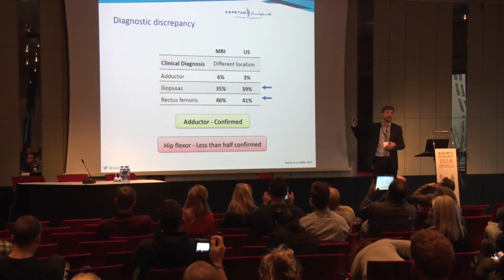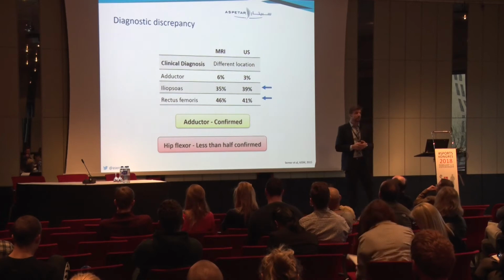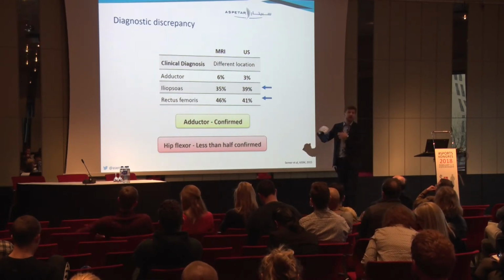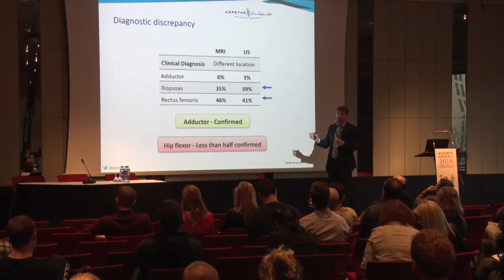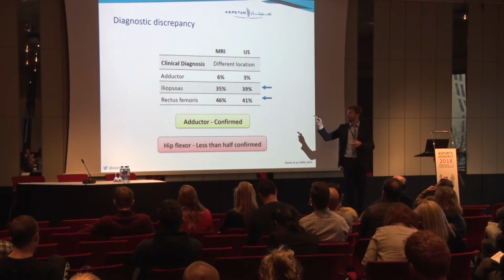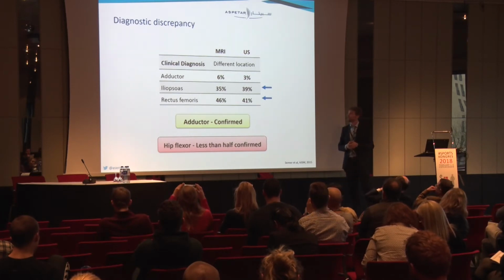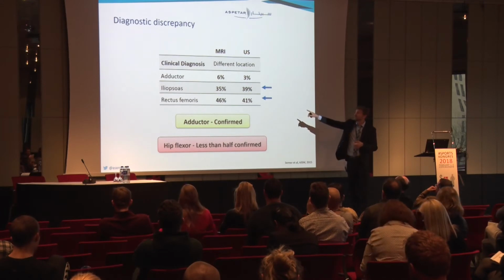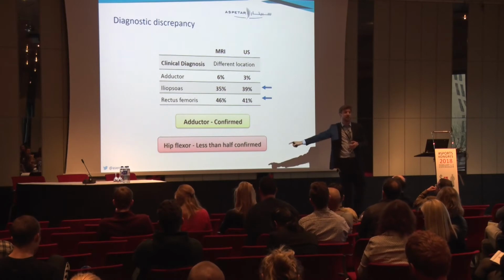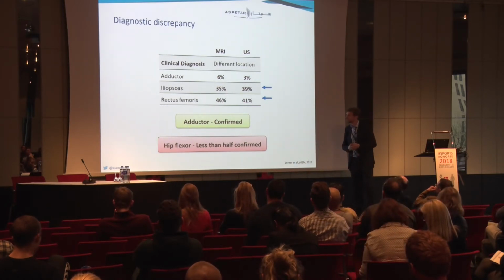So when we look at this difference between the clinical diagnosis and the imaging findings, we can see that whenever the sports medicine physicians diagnosed an adductor injury, they were usually right, because there was rarely an injury in a different location. But when we looked at the iliopsoas and the rectus femoris diagnosis, in at least a third of the cases there was an injury in a different muscle and not in the muscle that was diagnosed.